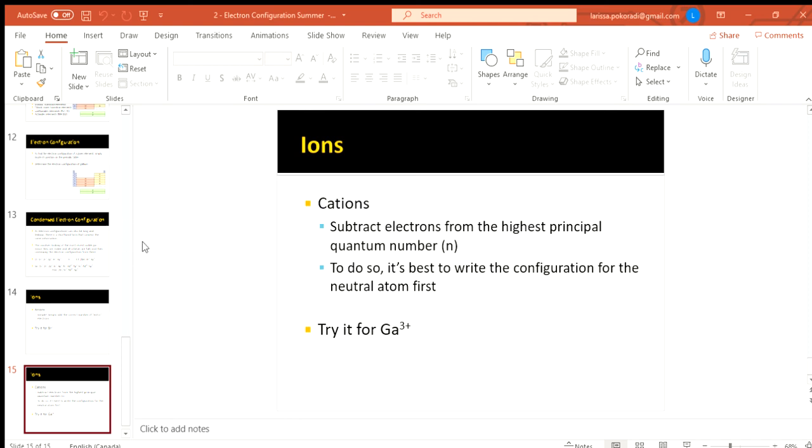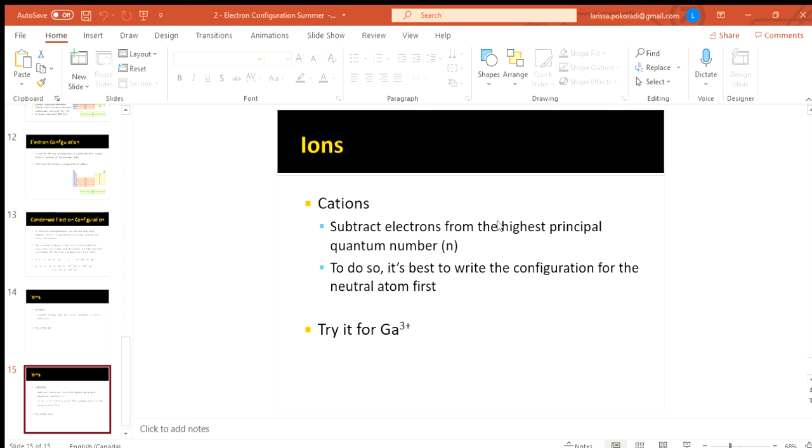Because this is 4s2 and this is only 3d. So if we were to take away from either one of these things, even though the 3d's are going to be written afterwards, we're going to take electrons away from the 4s's because it's a higher principal quantum number. So if we're looking at gallium, right here, that's kind of giving it away a little bit.